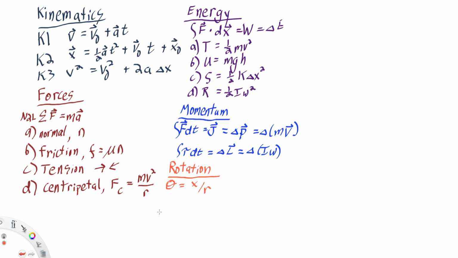The most important concept here is torque, which is a force applied at a distance from a possible axis of rotation. We realized only the part of this force that is perpendicular to what is called the lever arm counts.